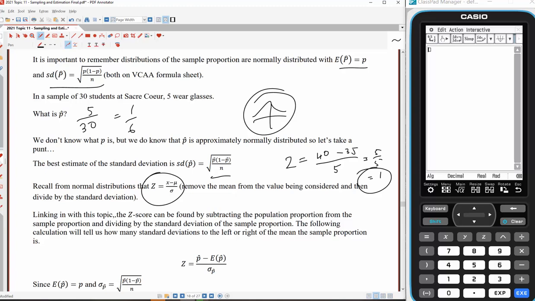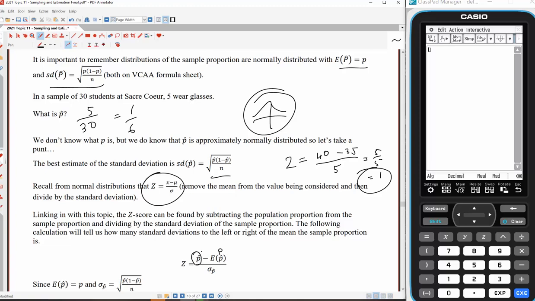So linking in with this topic, the z-score can be found by subtracting the population proportion from the sample proportion and dividing by the standard deviation of the sample proportion. So that's what this is doing here. This is the sample proportion. Now, the expected value of the sample proportion is the population proportion.